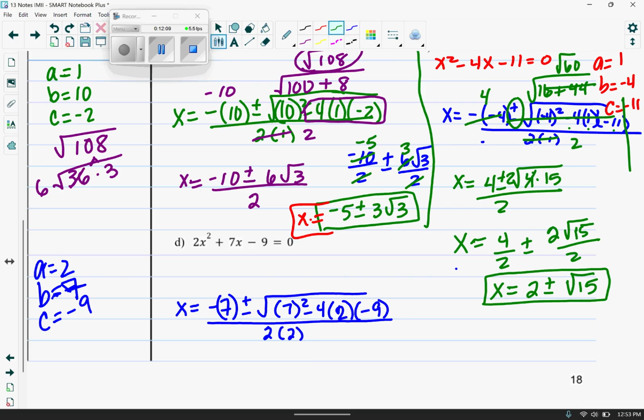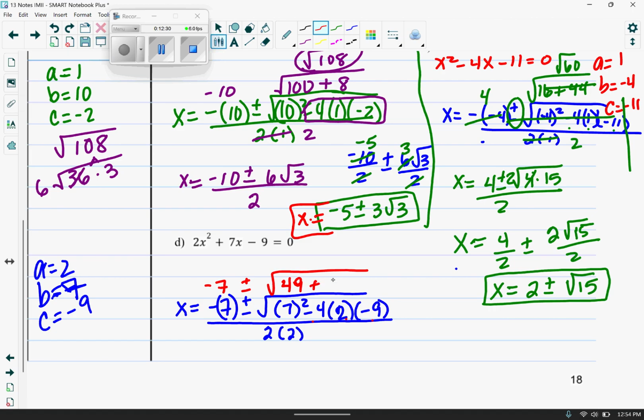Let's simplify. When I go to simplify, this is still negative 7. This is still plus or minus. Under my radical, that gives me a 49. Negative 4 times 2 is negative 8 times negative 9.